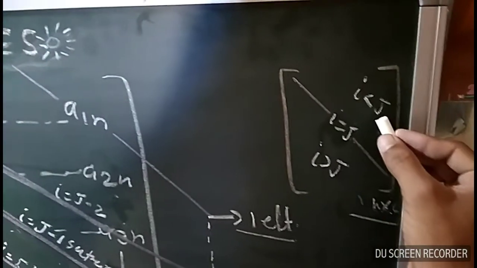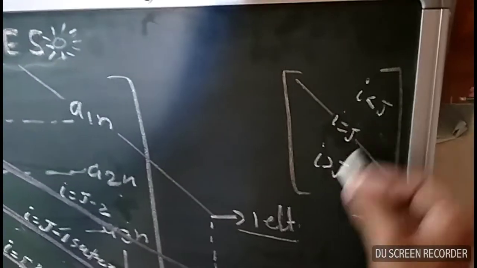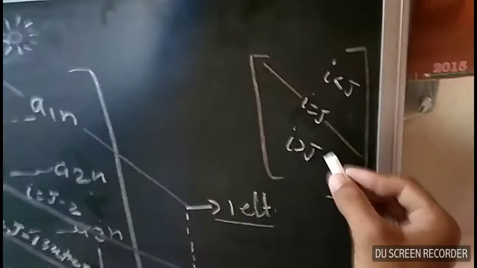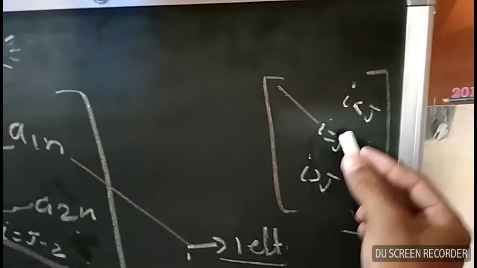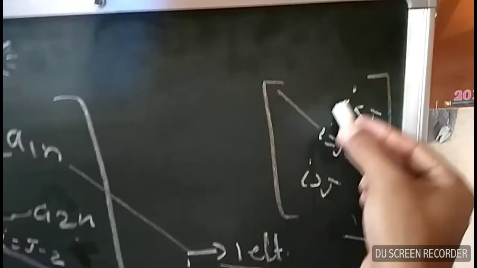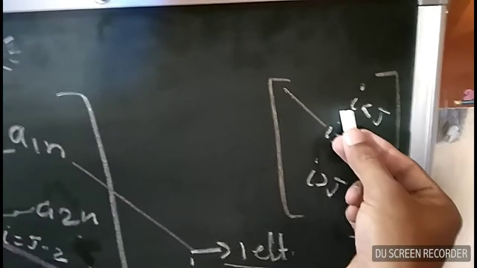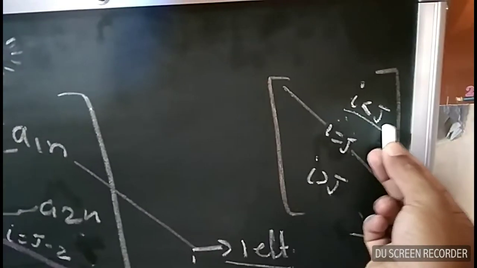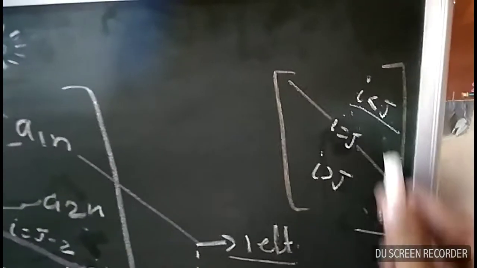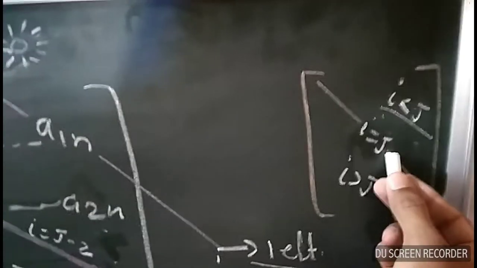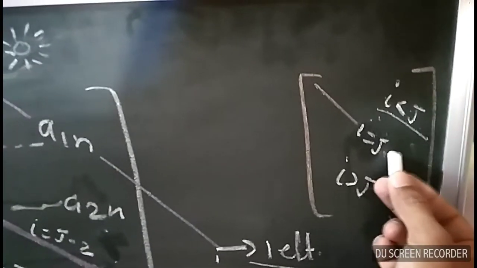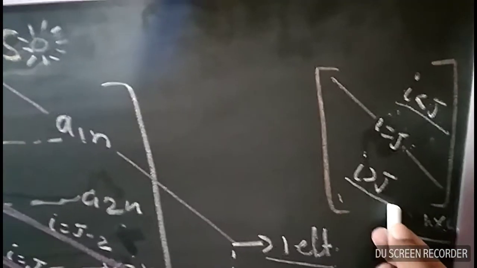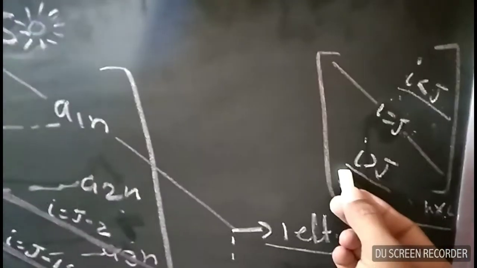When i is less than j and when i is greater than j: above the principal diagonal, the row number is less in comparison to the column number, and below the principal diagonal, the row number is greater than the column number.